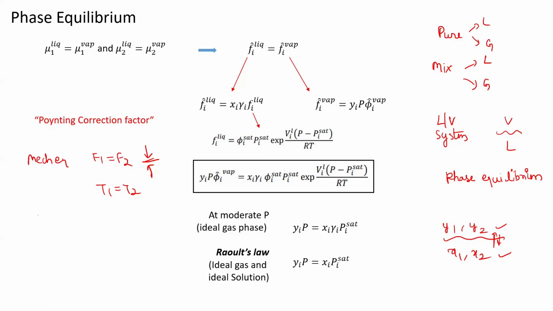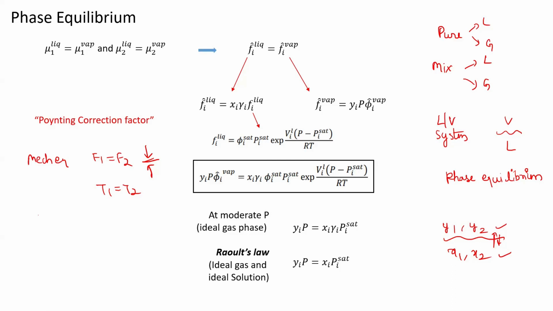So that's how we obtain that the fugacity of the species in the liquid phase mixture is equal to the fugacity of the same species in the vapor phase mixture. Here the liquid fugacity is defined as Xi into gamma i into Fi liquid.